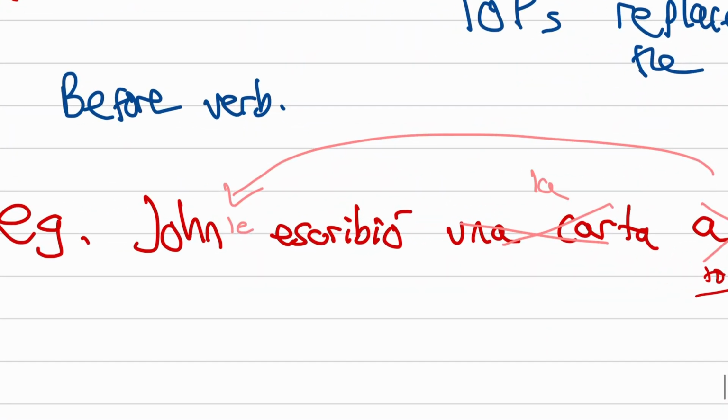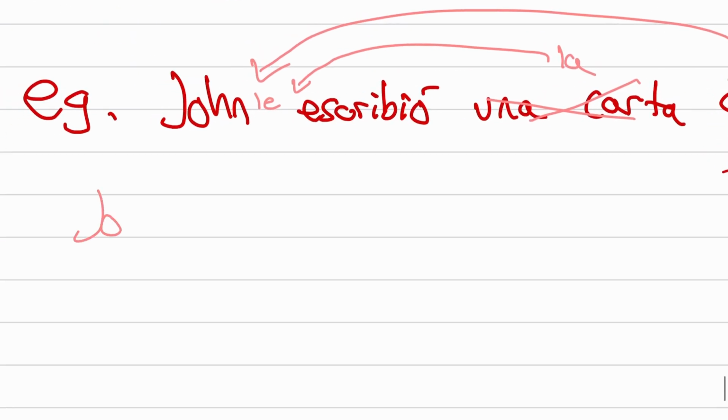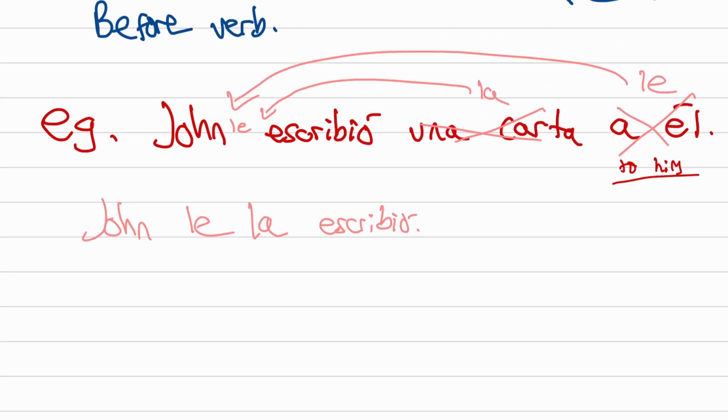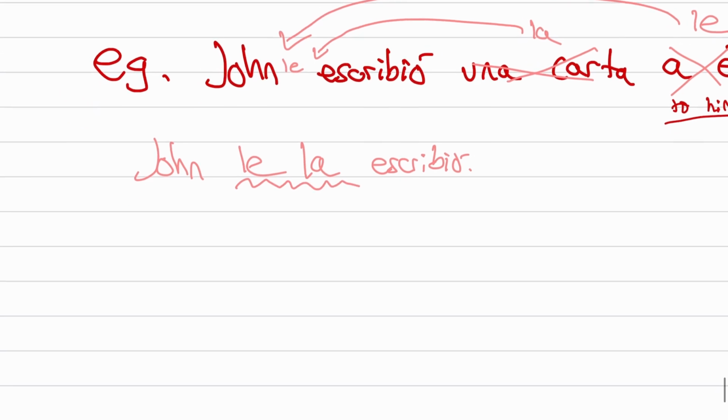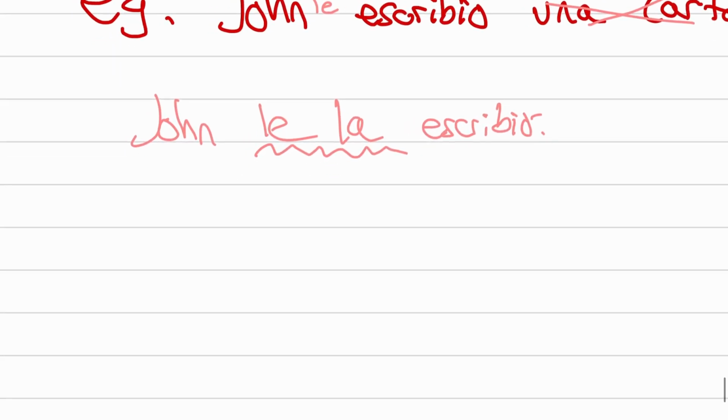Where's this la going to go? This has to go directly before the verb. So this actually jumps in between here, and we end up with, if I rewrite it, John le la escribió. Okay, and we've gotten rid of the a él and the una carta. However, this is incorrect. This does not sound very nice. Le la. That sounds clunky. We don't say that in Spanish. So there's a little trick. Whenever we have an indirect object pronoun and a direct object pronoun together, anything like le lo, le la, we get rid of that.